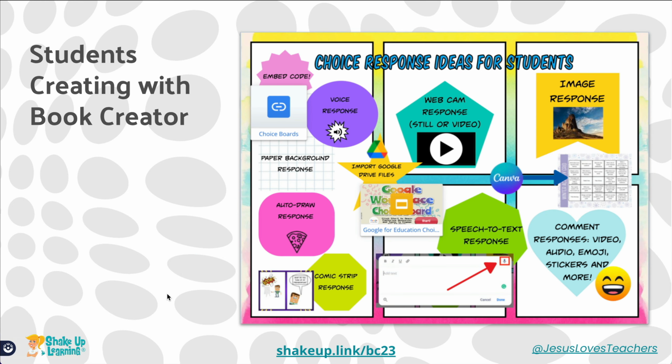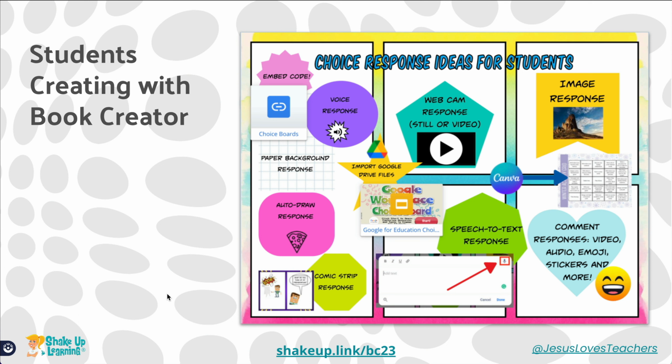So as I was playing, I also made this page. Don't be distracted; I promise I'm going to explain it. This was essentially me trying to fit in every type of response that I might use inside Book Creator with students.